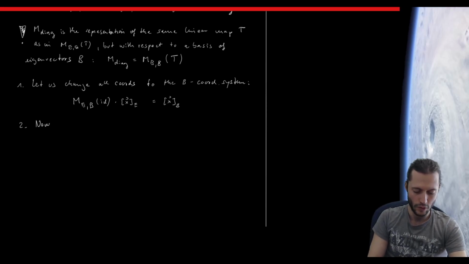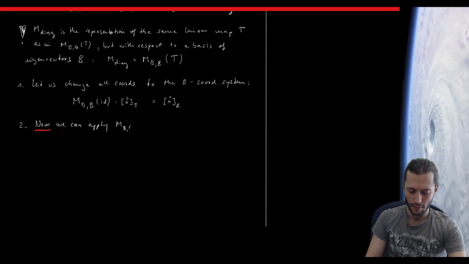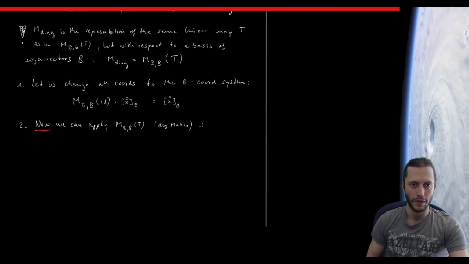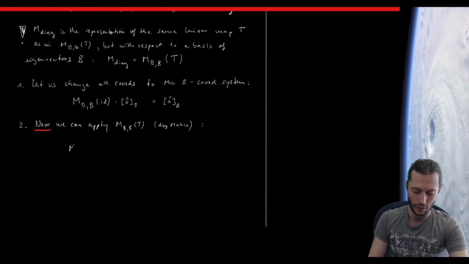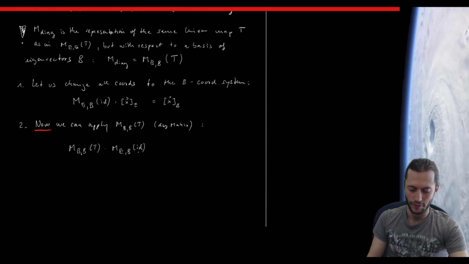So now, and only now, we can apply the diagonal matrix. Applying means multiplying. So we go for the diagonal matrix times the change of coordinate matrix, which transformed each vector into the form fitting into the diagonal matrix.